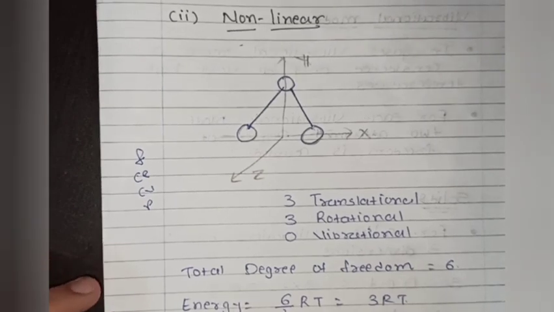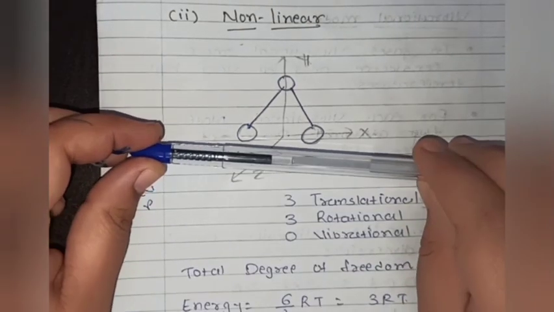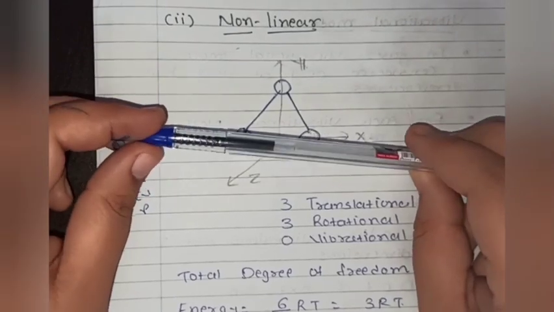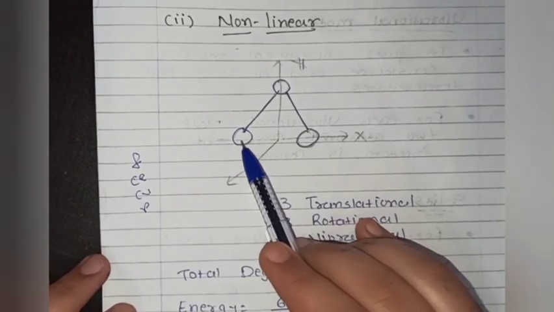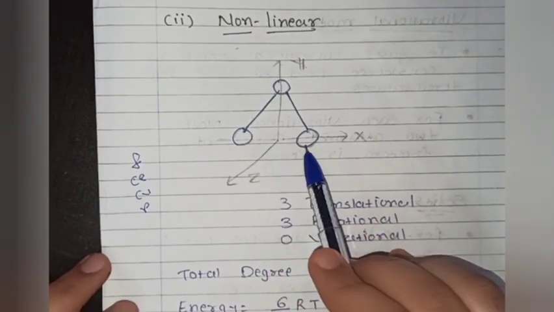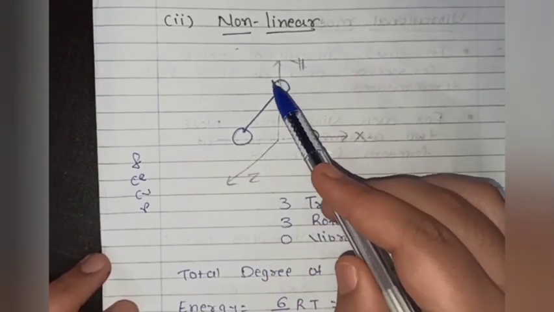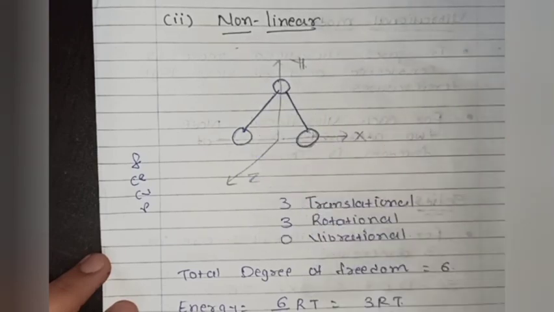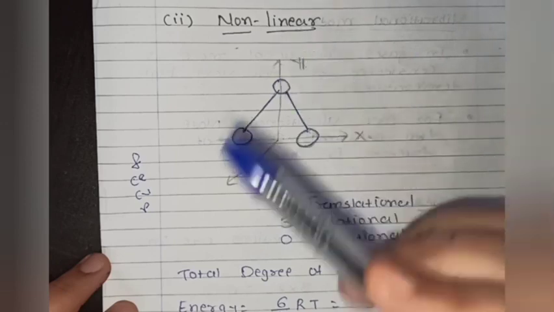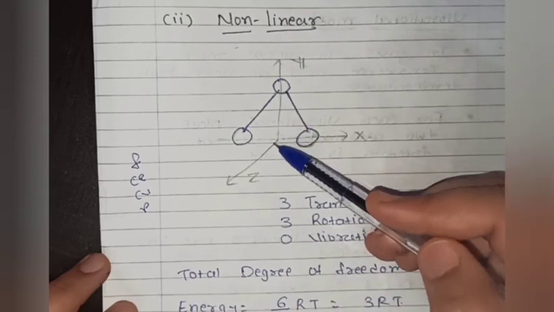Now if it is rotating about x-axis in this way, then the rotational energy of these 2 atoms is negligible, but the rotational energy of this atom is not negligible because it is rotating in this manner. The distance is considerable.